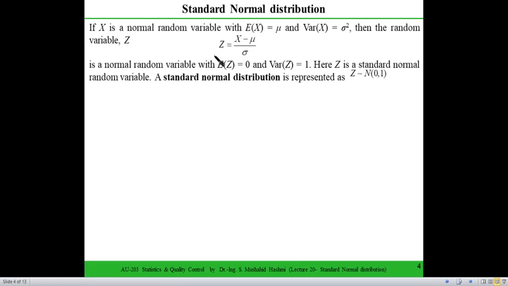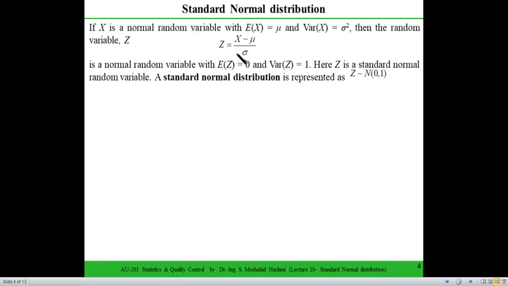So z is another random variable which can be calculated if we have knowledge of the random variable x. If we subtract its expected value and divide by the standard deviation, the new variable generated would be a standard normal variable.